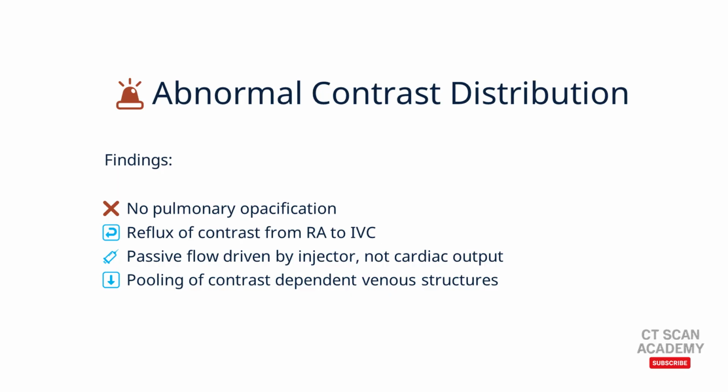Abnormal contrast distribution. In this case, we observed a markedly abnormal distribution of contrast. Key findings included absence of pulmonary arterial opacification, reflux of contrast from the right atrium into the inferior vena cava, passive flow of contrast driven solely by the injector rather than by cardiac output, pooling of contrast in dependent venous structures.